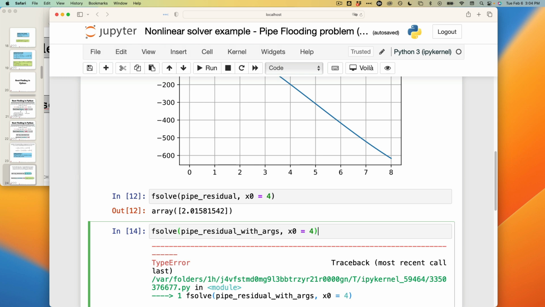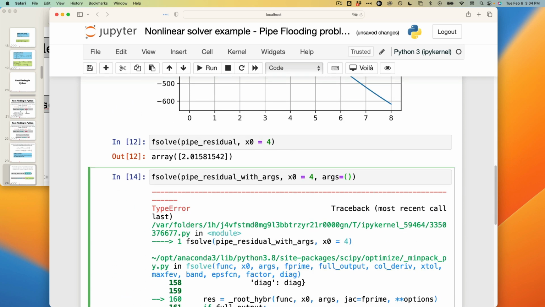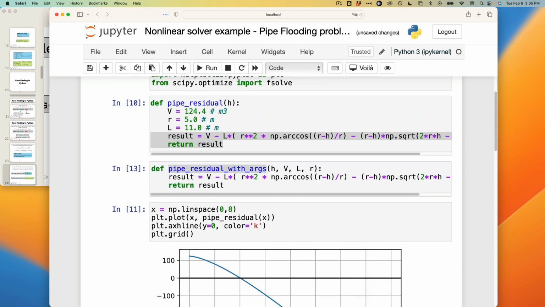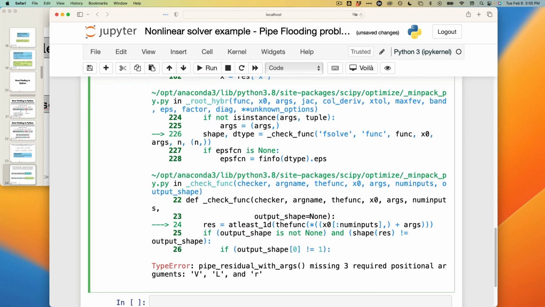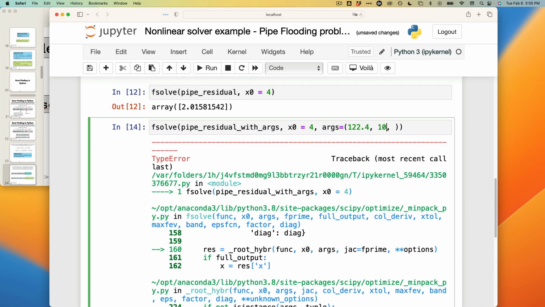All right, so here's how I would fix this. I would pass args equal, and let's say I define those as v, l, and r: 122.4, and 10 meters for the pipe length, or what was it? 11 meters and 5. 11 and 5.